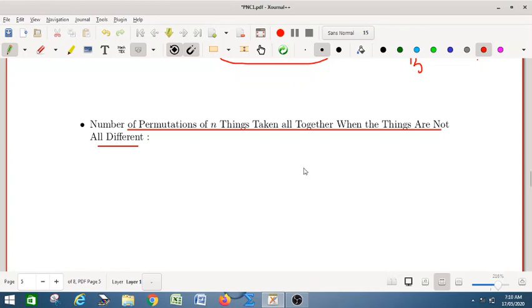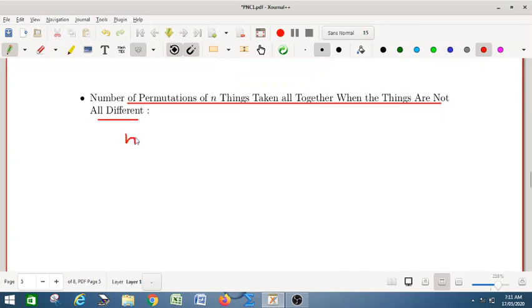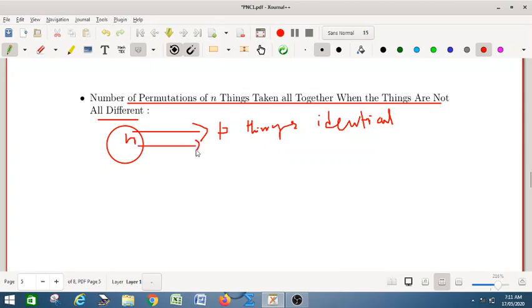Suppose there are n things, out of which p things are alike of one kind, identical. q things are identical of the second kind.